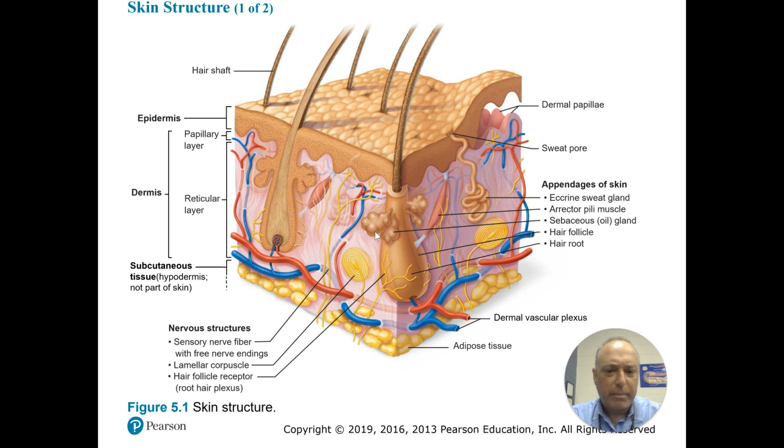We've got sebaceous glands attached to the follicle, and then the hair follicle and the root. Let's see, we've also got some nervous structures, free nerve endings, lamellar corpuscles, and the plexus at the root of the hair.